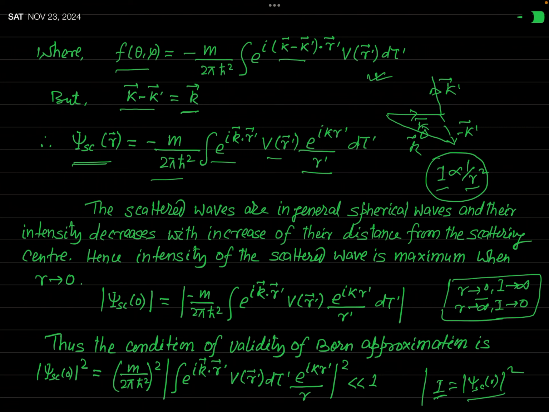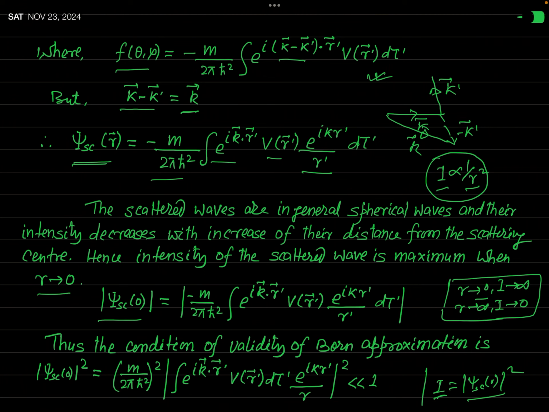So for getting the quantitative expression for validity of Born approximation, let us find the value of this psi sc in the region where r tends to 0, so that we will get actually the maximum intensity. Okay? You can see modulus of psi sc. What will be that? You have to take r equal to 0 in this expression in RHS. Okay? And after that you have to take its modulus.